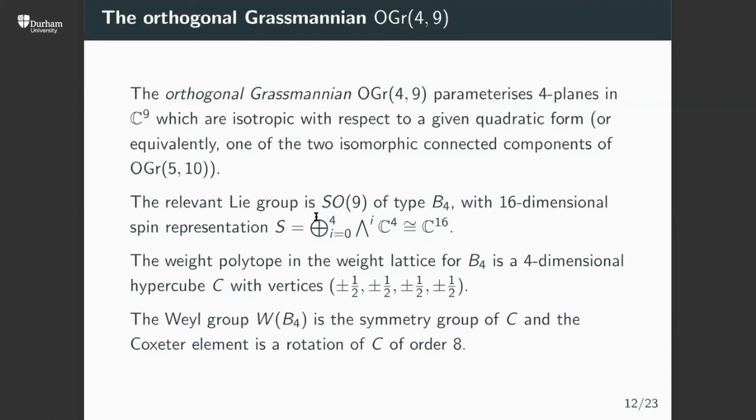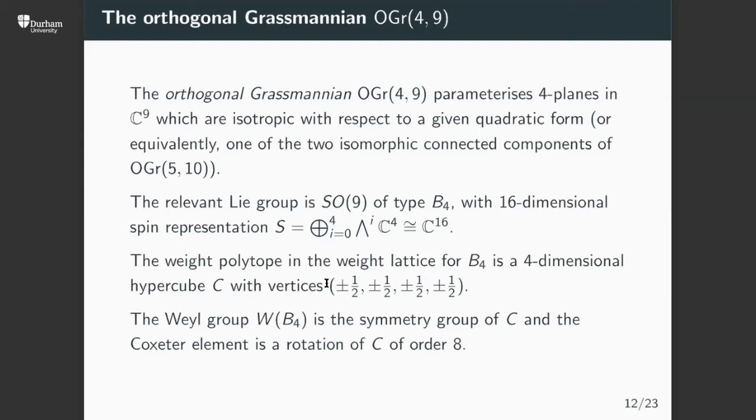The weights of this representation span a polytope in the weight lattice of this group. And actually this polytope is very simple. It's just a 4-dimensional hypercube, and the hypercube has just the vertices plus minus a half.